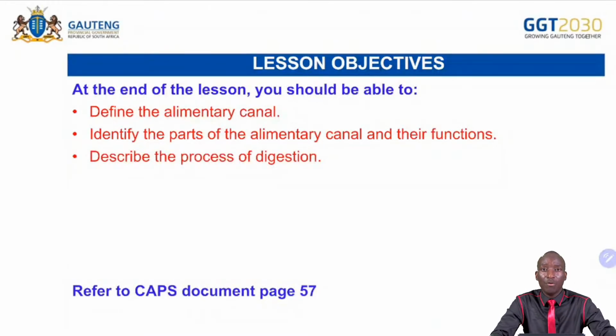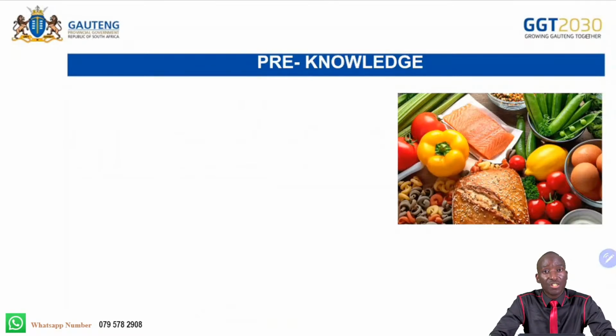Now that we've done the objectives, let's look at the pre-knowledge, what you need to recall and recap, so that we can easily fit into today's lesson and understand everything that we're going to be discussing.